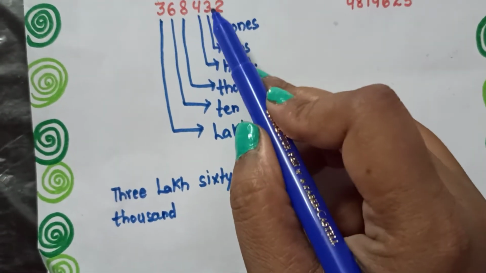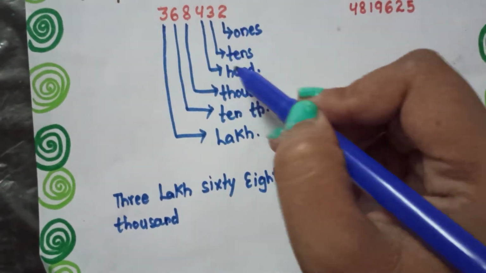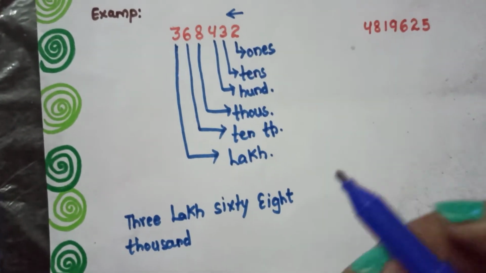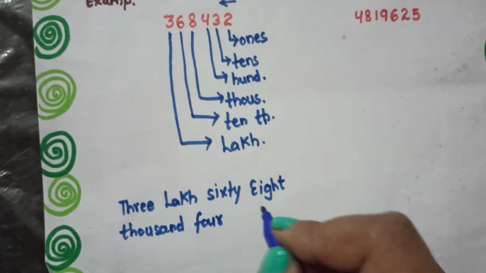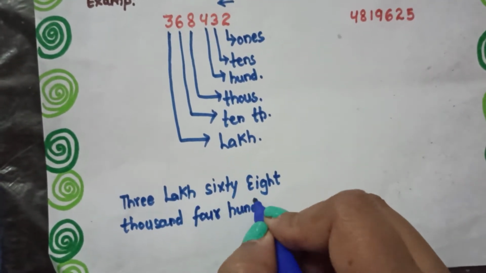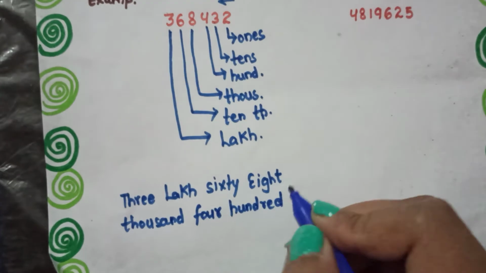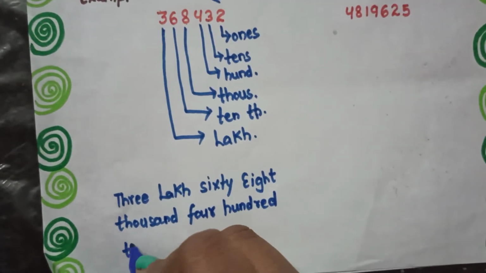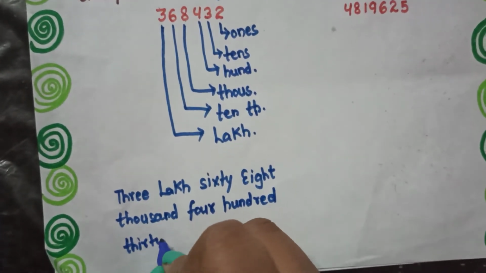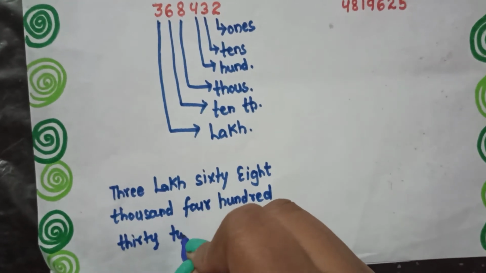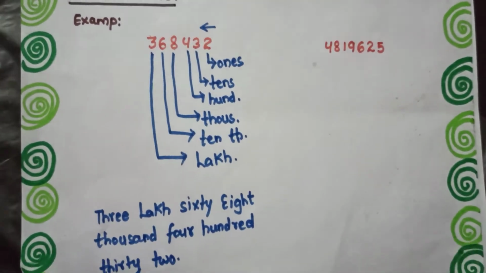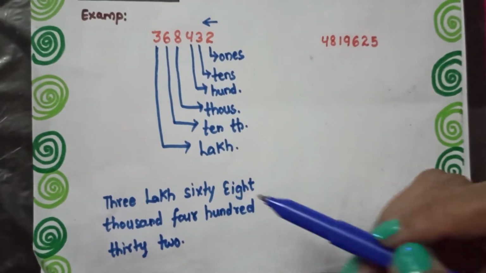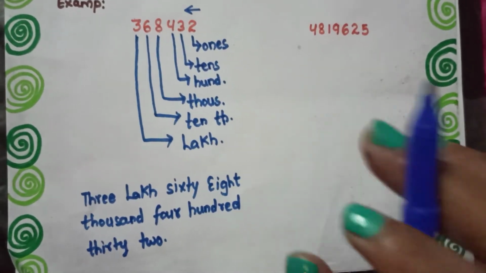Then these three digits we will take as one group. So it will be written down as 432. Okay students, so this is how we have to write down the number names. Is it clear to you all?